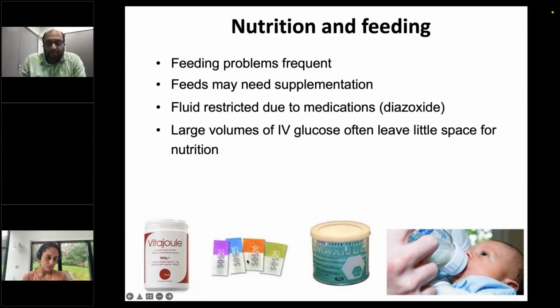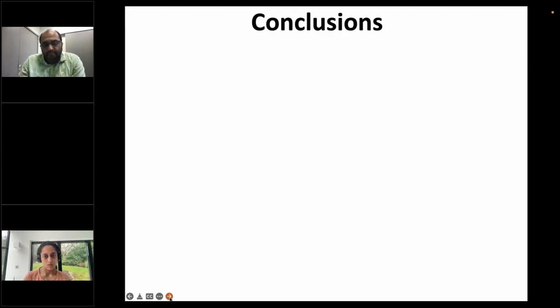When they get diarrhea and vomiting and they have hypoglycemia, we ask parents sometimes to use glucose solution, either Vitajul, which is a glucose powder mixed in milk or water and given little and often, or SOS sachets, which are similar to Diarolite, where you mix 1 sachet in 200 ml of water and give little and often. This is helpful at the time of illness, especially when they're unwell.